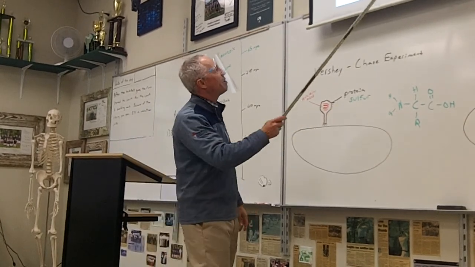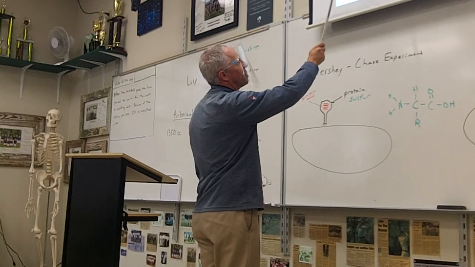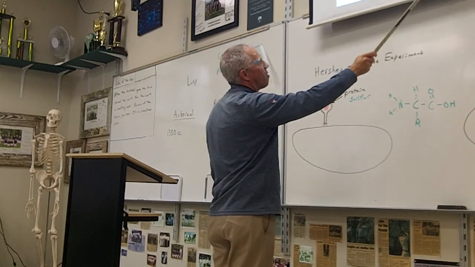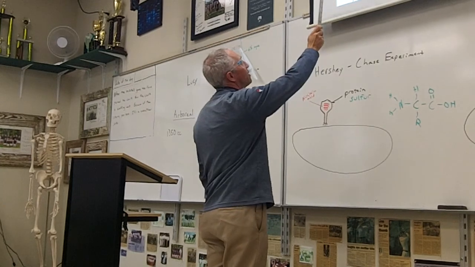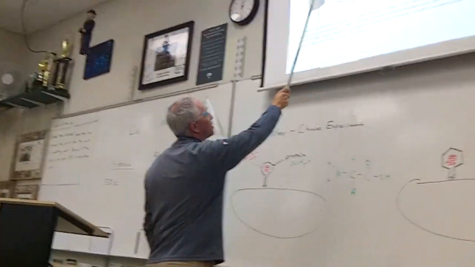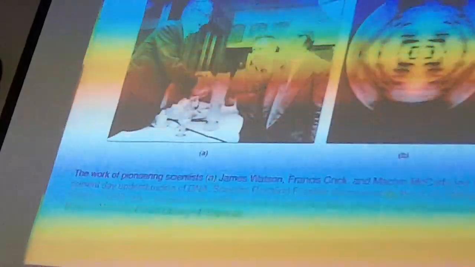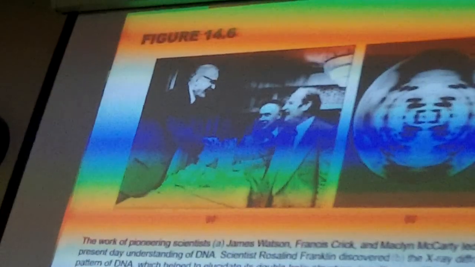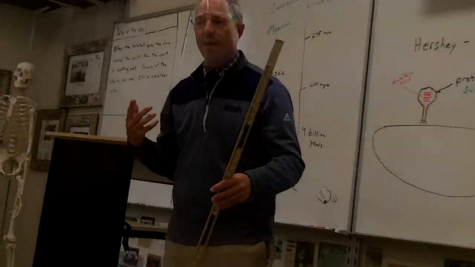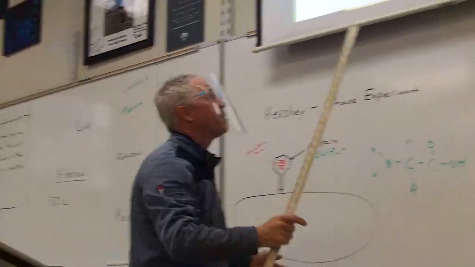And then these three guys, the main two being Watson and Crick, and there's a third guy, McCarty. And I think that's Watson, and that's Crick, and that's McCarty. And they came up with and built a model of DNA based on what they knew about it, using in part Rosalind Franklin's picture.